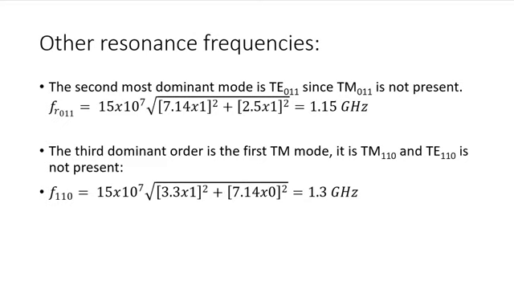And also, since we have three different dimensions, not a cube, we have different modes of resonance. The second most dominant mode is TE011. It has 1.15 gigahertz, and the third dominant mode is the TM110 mode, which has 1.3 gigahertz.